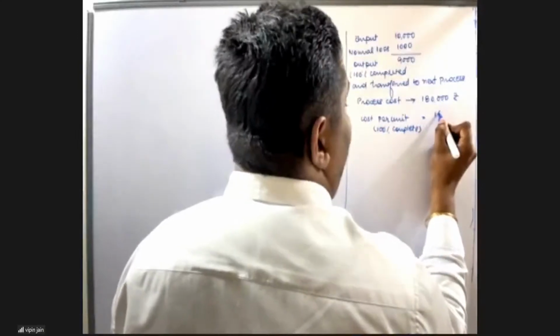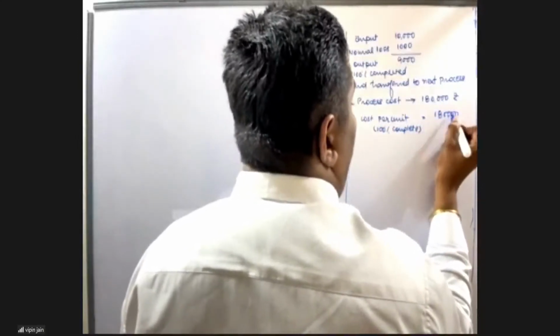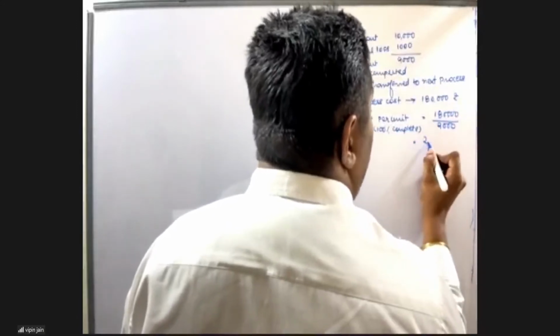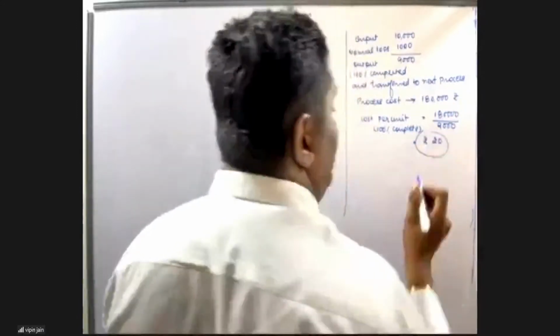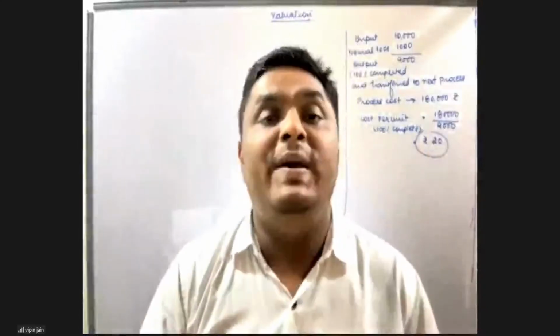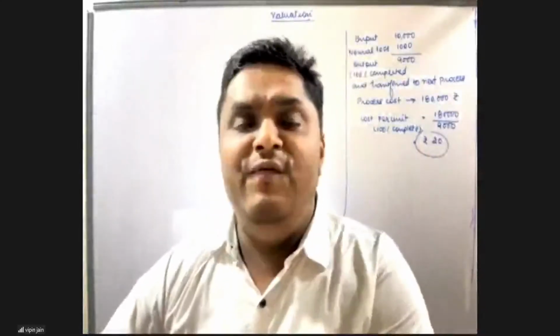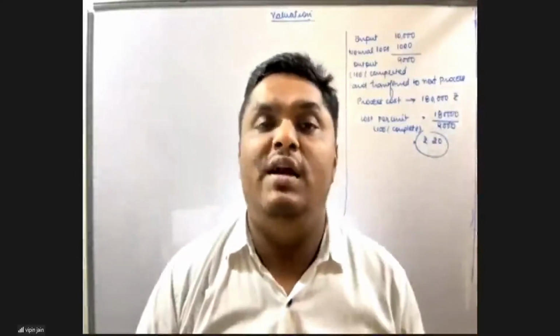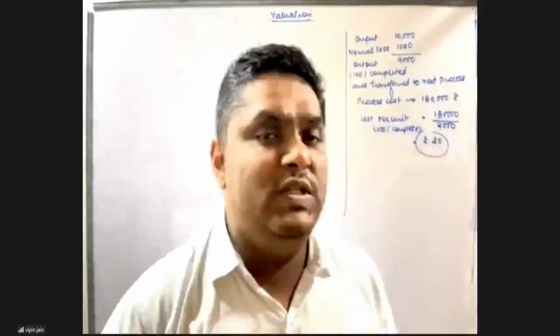That is 1,80,000 divided by 9,000. So the cost per unit will be ₹20. And this is the cost of the units that are 100% complete or processed.